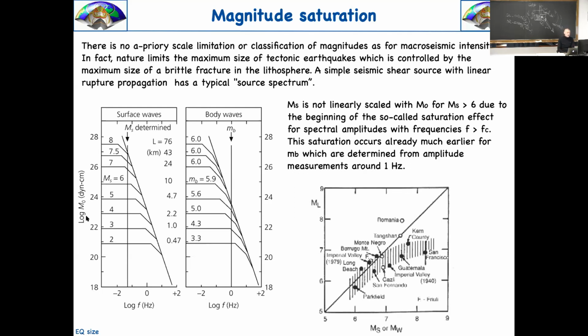In many cases in seismology, we're so unpolite, but we're still using a CGS system. So if you look at M0 expressed in dyne times centimeters, you should go back to the good old CGS units.